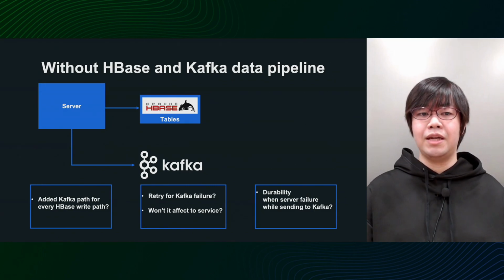To understand the strength of our pipeline, let's consider the possibility of implementing a similar process in an application server without using the pipeline mechanism. In such a case, after successfully writing into HBase, the information would be sent to Kafka in the server-side application. There are several concerns and problems with this method. First, we need to carefully check that we have added a path to Kafka for every write path in HBase.